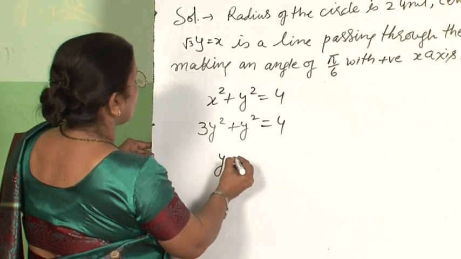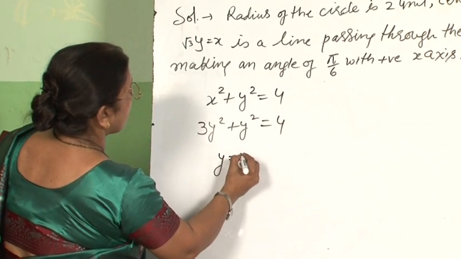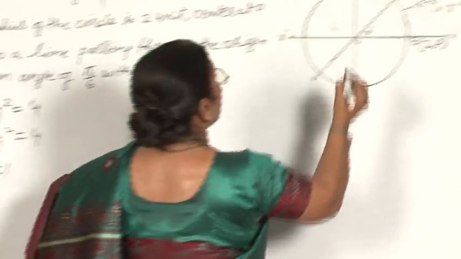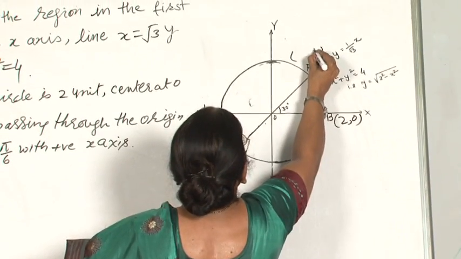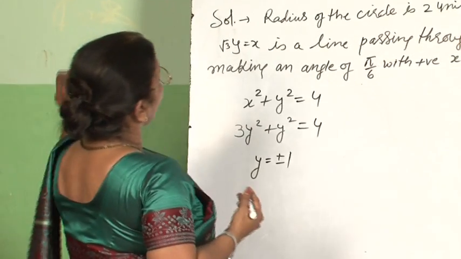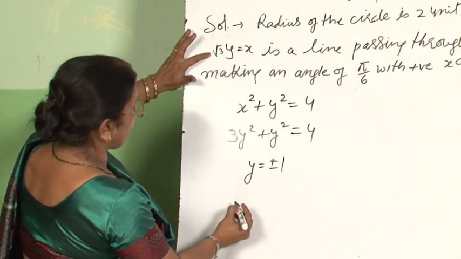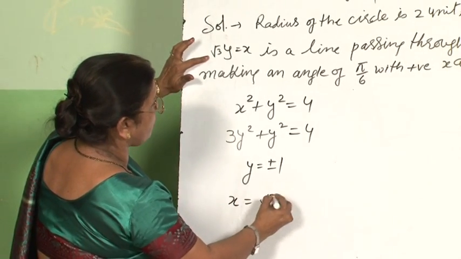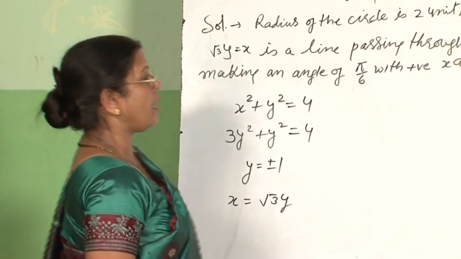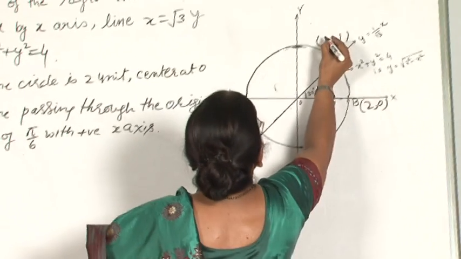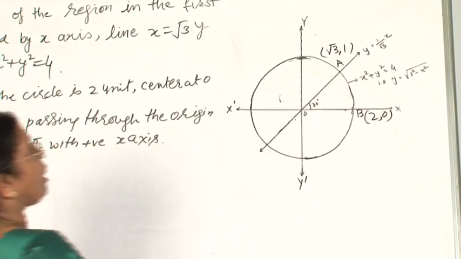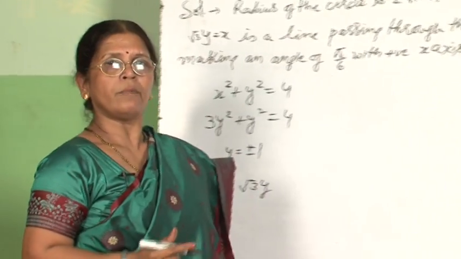So, y is equal to plus minus 1. But here we have to take positive value plus 1 because this part is in first quadrant. Now, if y is equal to 1, then put the value of y in this line, x is equal to root 3y. If y is 1, then value of x is root 3. So, coordinates of point A are root 3 and 1.